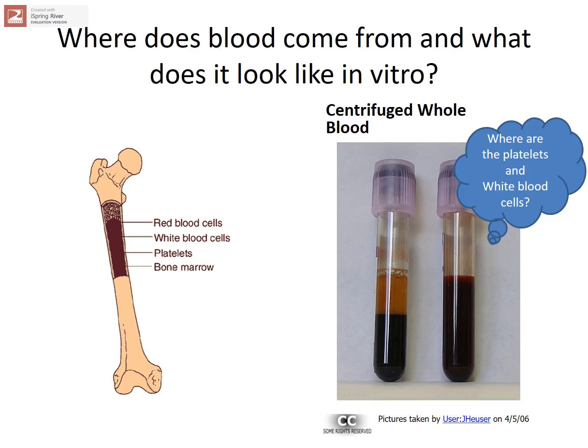First, it might make sense to talk about where blood comes from and what it looks like in vitro. In vitro means outside of the body or in the test tube. In the adult, blood cells are formed in the active bone marrow or the red bone marrow. As an individual ages, from childhood to adulthood, this active marrow comes to be a much smaller part of the total bone mass and ultimately is found only in the sternum or chest bone and the crest of the hips.